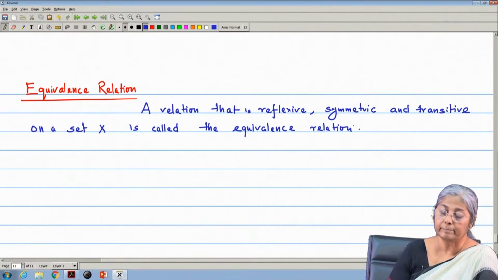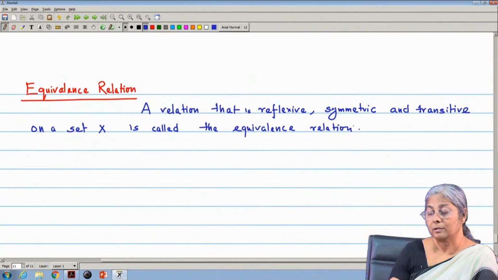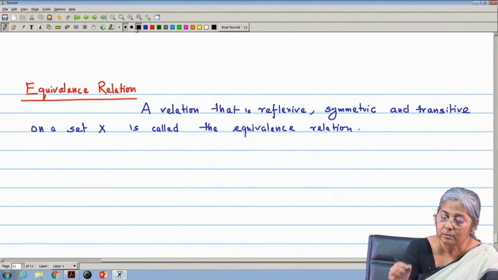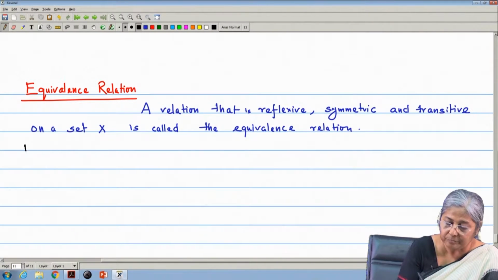That means a relation R which is reflexive, symmetric and transitive. We see one simple example.